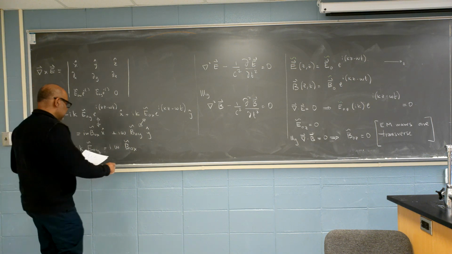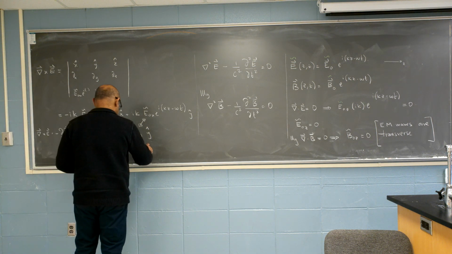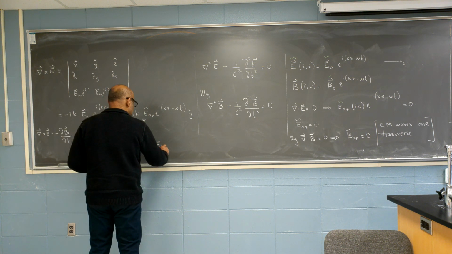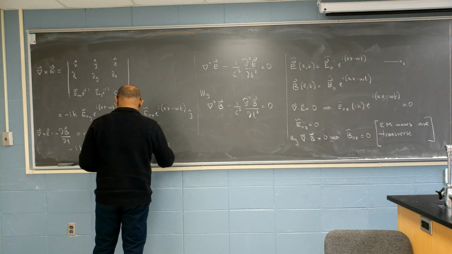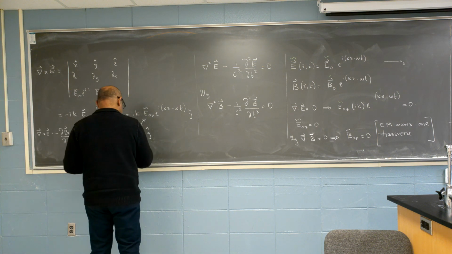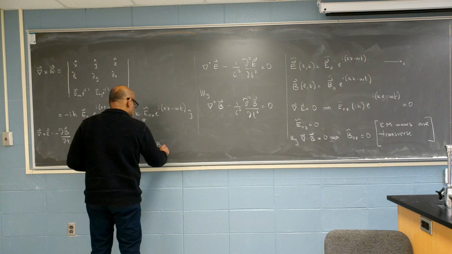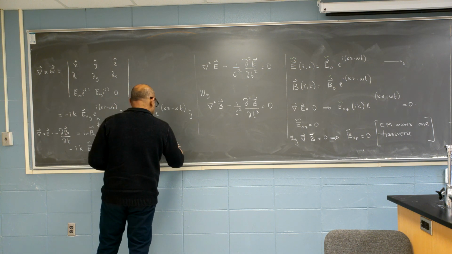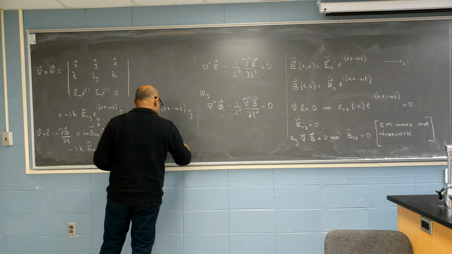Which means, let me write B in terms of E. B0x is equal to minus k over omega E0y.